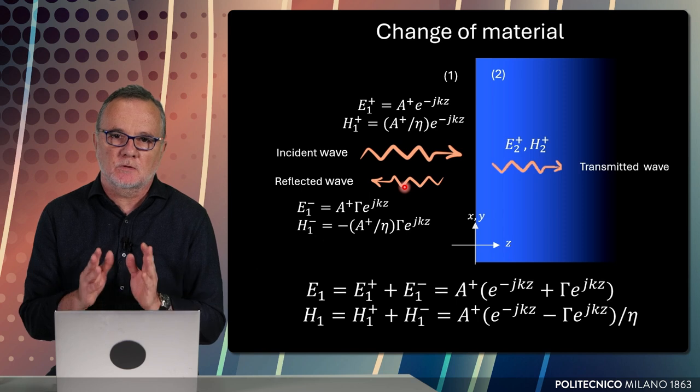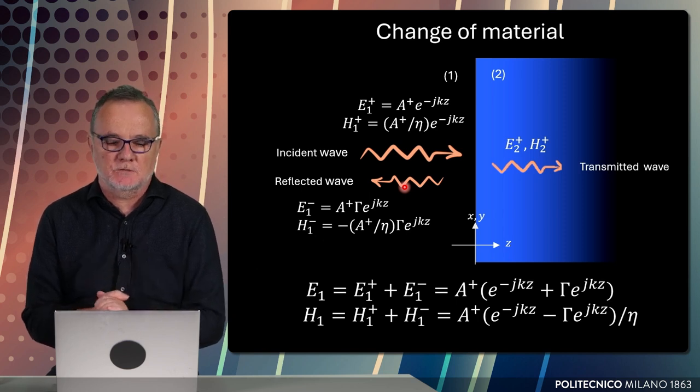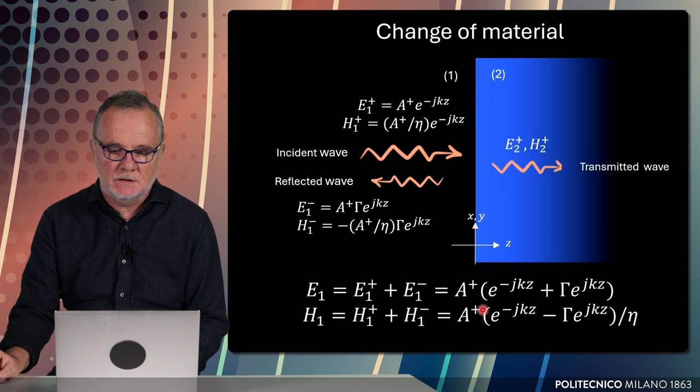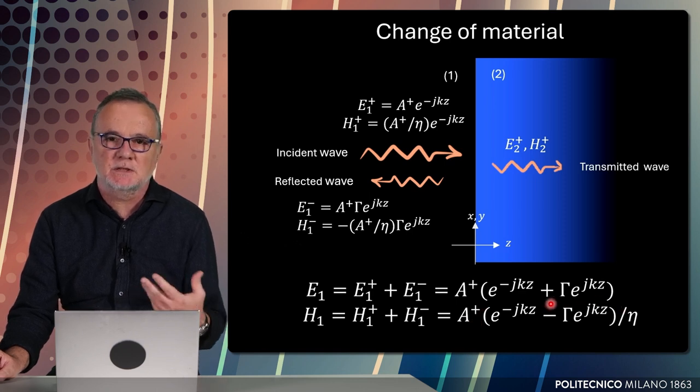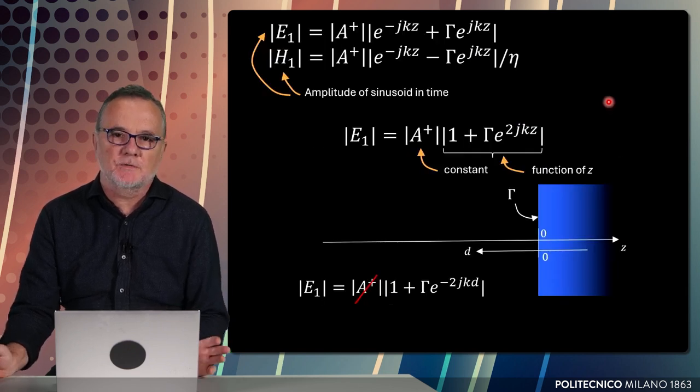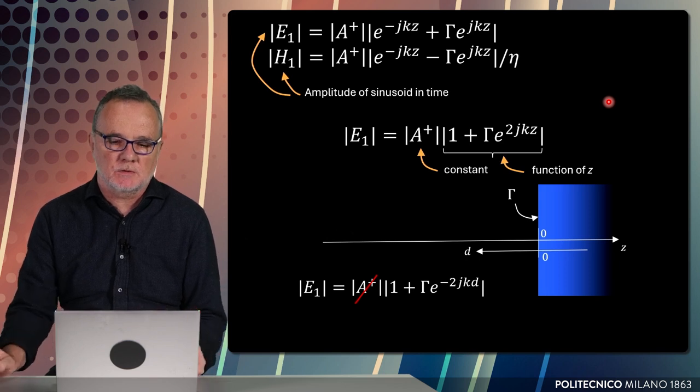So let's add these two fields, and let's find that as a function of z, the electric field and magnetic field have these expressions in which there is the coexistence of the two waves in space. So let's study the magnitude of this total phasor, the sum of the two phasors.